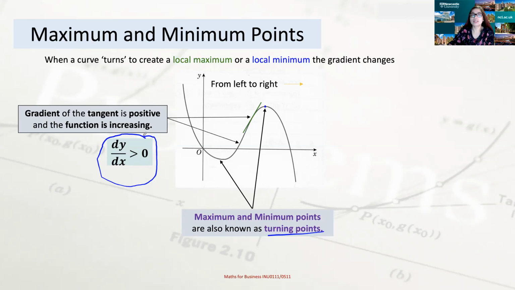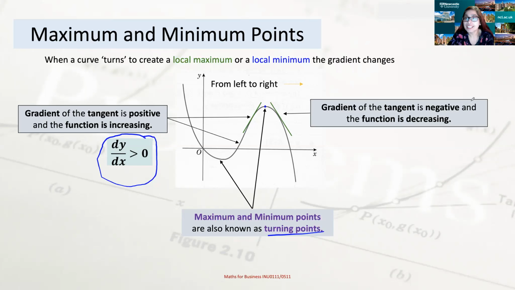So when you take any point here and you find the gradient and substitute that point in that, if it is greater than 0, that is, if the number is positive, then the function is increasing at that point. Similarly, the gradient of the tangent is negative and the function is decreasing. Yeah. That is dy by dx is less than 0.